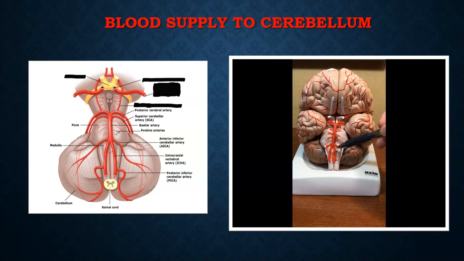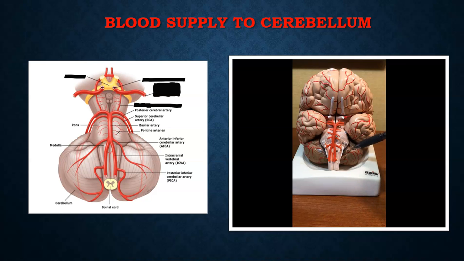Now as we go up, right at the junction where the two vertebral arteries are meeting together, there is another artery coming out, and that's the anterior inferior cerebellar artery. It's also supplying blood to the cerebellum. PICA was posterior, this is anterior, so it will be supplying blood to the anterior portion of the cerebellum.